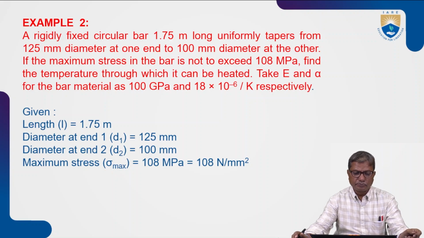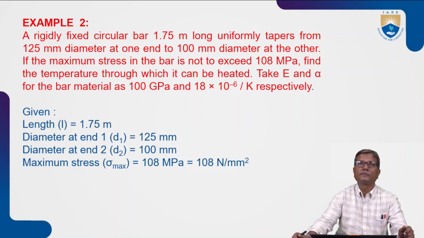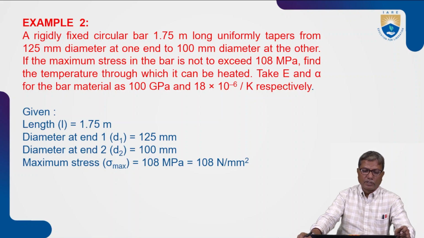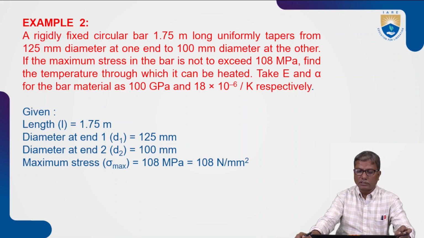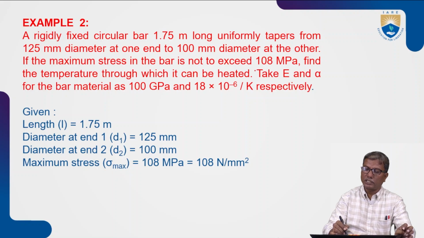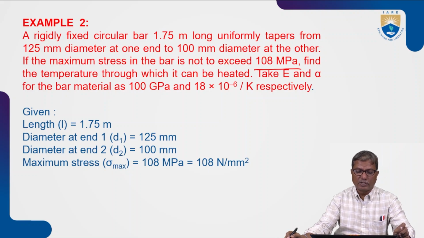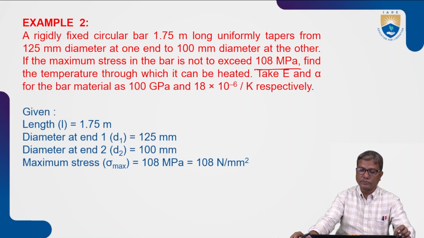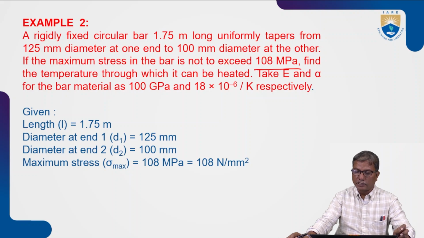Another example. A rigidly fixed circular bar 1.75 meters long uniformly tapers from 125 millimeters diameter at one end to 100 mm diameter at the other. If the maximum stress in the bar is not to exceed 108 megapascals, find the temperature through which it can be heated.